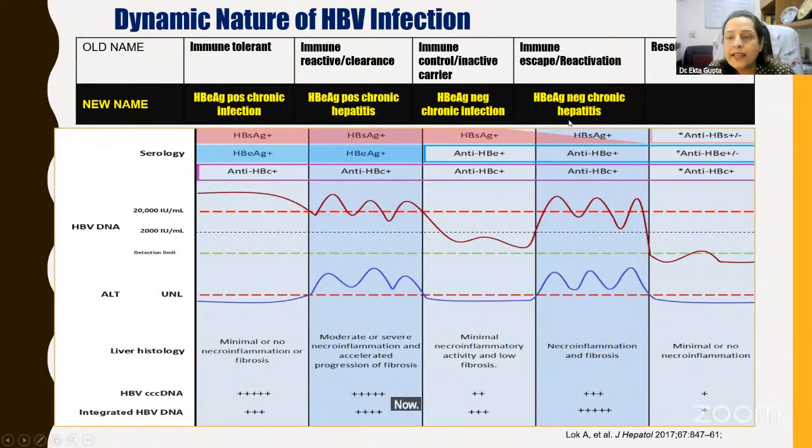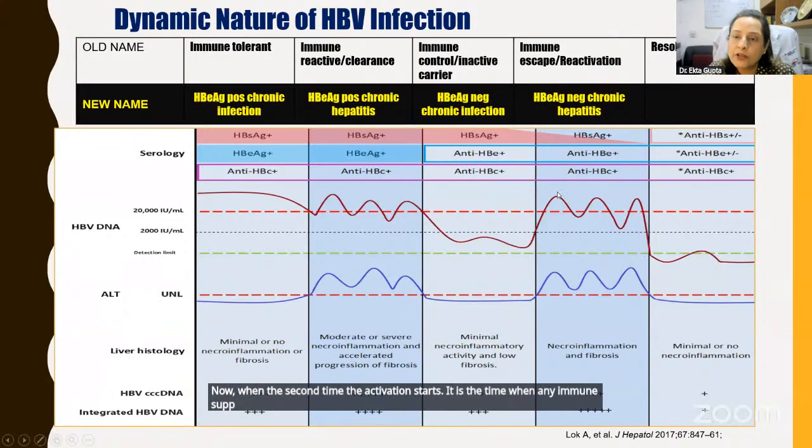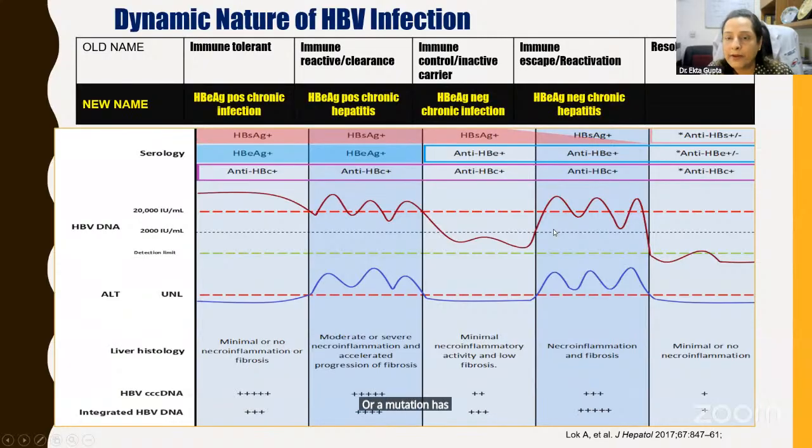Now, the second time the activation starts is when any immune suppression is happening, the patient is on immunosuppressive drugs, cancer treatment, steroids, or a mutation has taken place because it's a long-standing infection. The replication rate of the virus is 10 to the power 15, so fast.